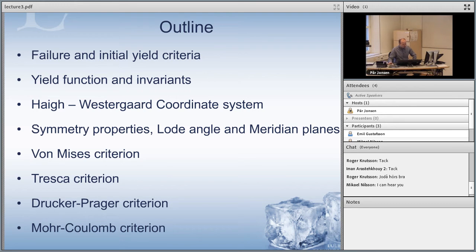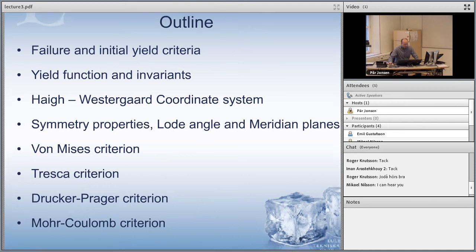Both of these are pressure insensitive. But then we will go into the more pressure sensitive models like the Drucker-Prager and the Mohr-Coulomb, the Mohr-Coulomb being the more advanced one for sand, concrete, rocks, and so on. And it's a good exercise for using all these invariant properties that you have for a model.